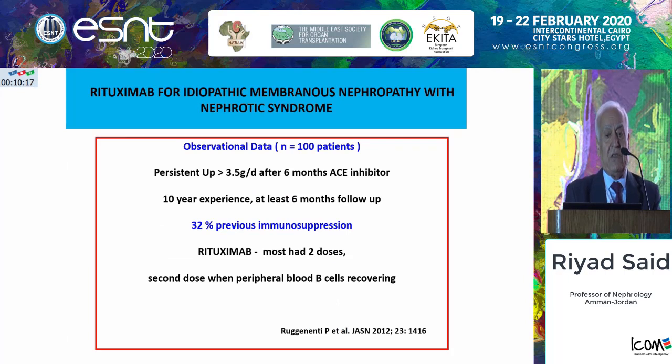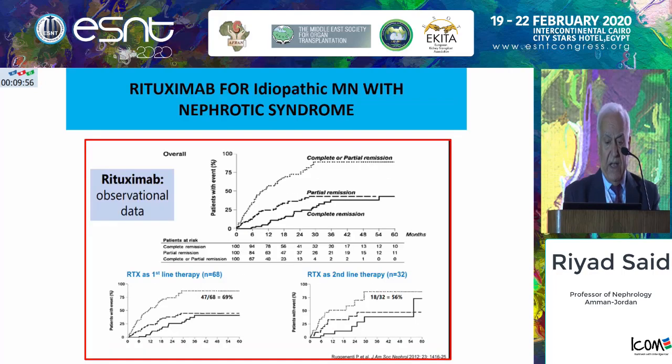Well, we have observational studies from the Remuzzi group in Italy, when they looked at 100 patients with primary membranous nephropathy, almost 68% of whom had previous immune suppression treatment. They received rituximab, 2 doses maximally, and what happened really after that.